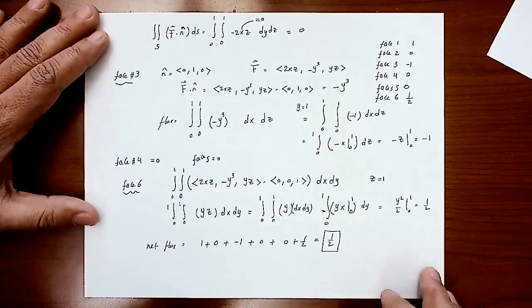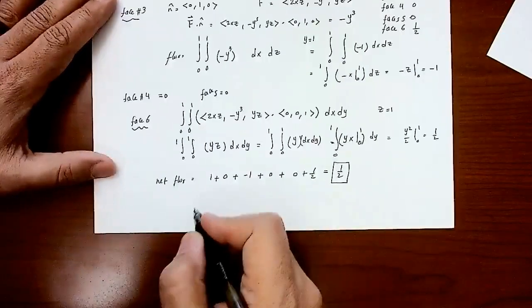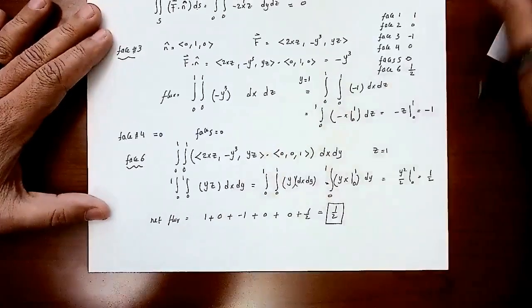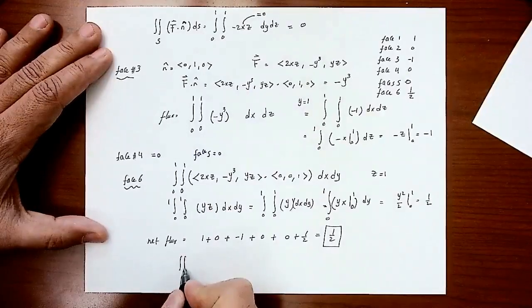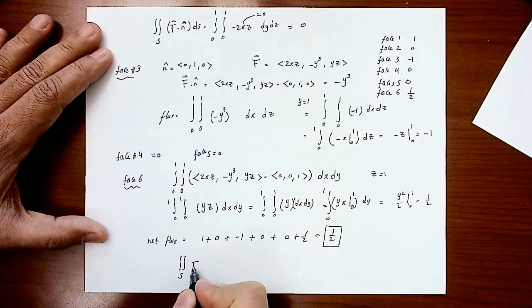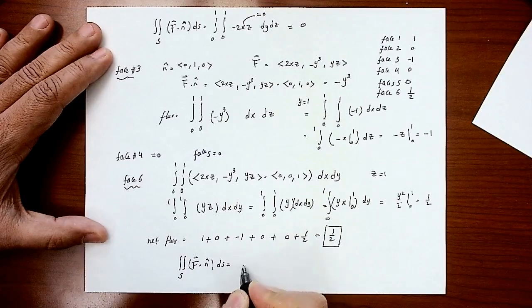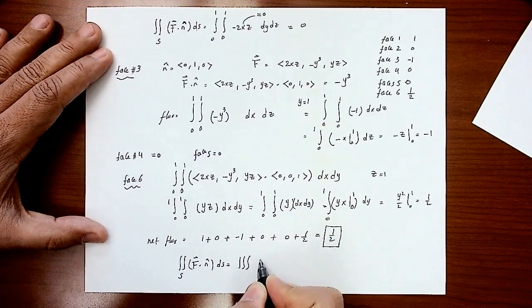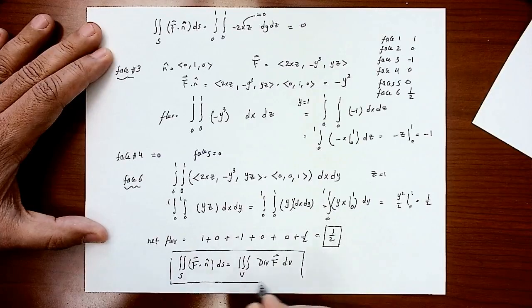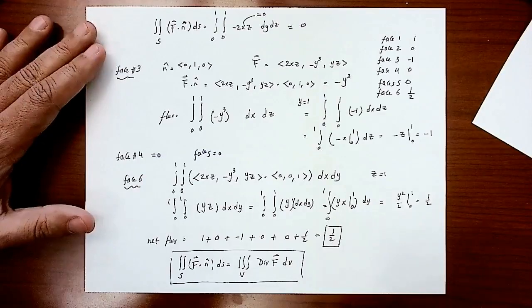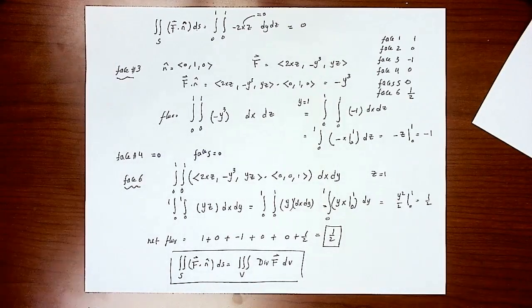It states that the double integral over the surface for F dot n dS can be simply done by the triple integral of the divergence of that vector field over the volume of that cubical shape. This is the divergence theorem. Let's see how quick and easy I will get the same answer if I use the divergence theorem here.